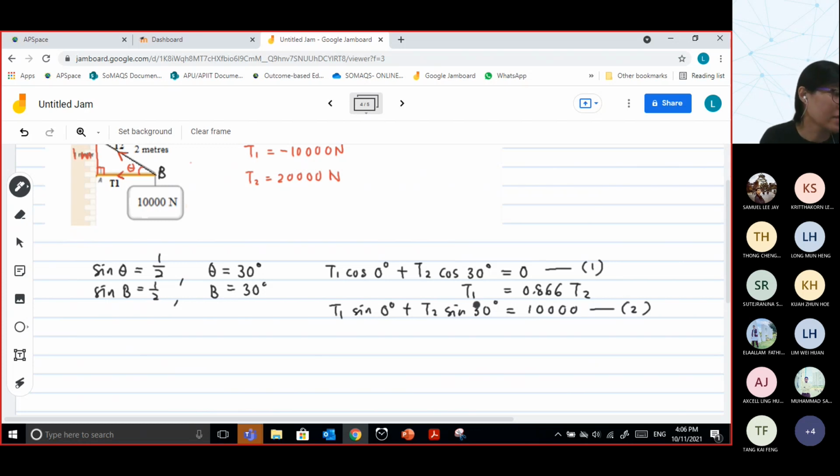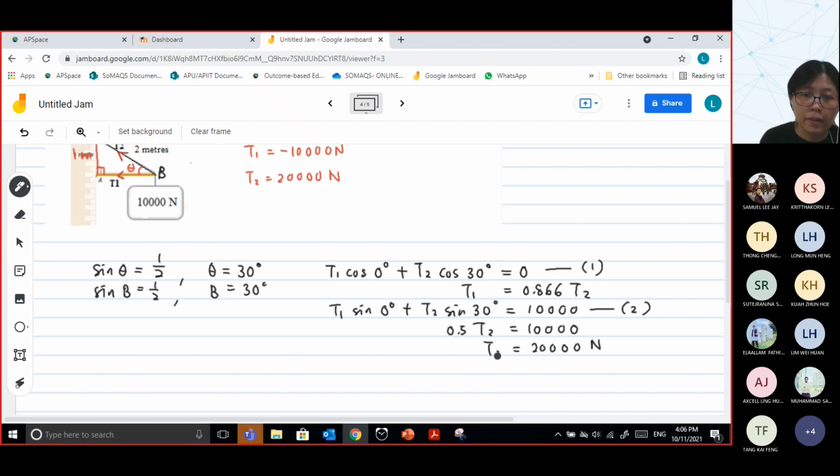This is the second one. When you calculate this, sine 0 is also 0, and sine 30 is 0.5. So T2 equals 10,000 divided by 0.5, which is 20,000 Newton.